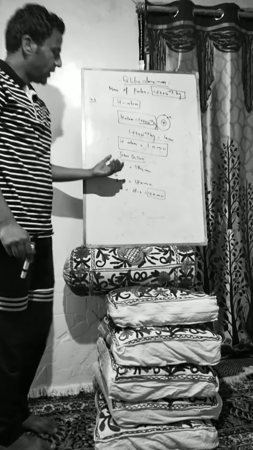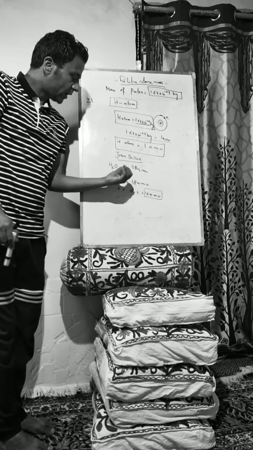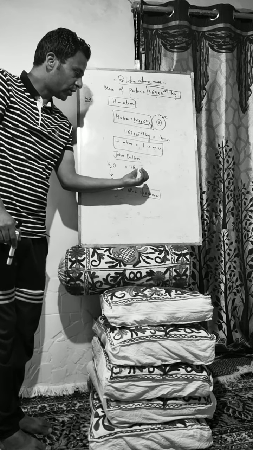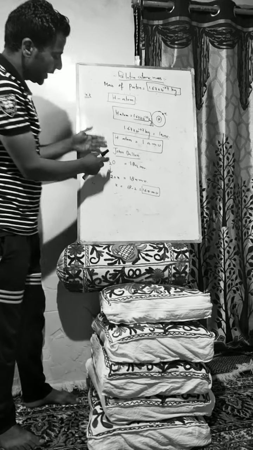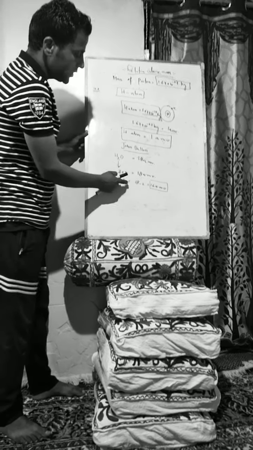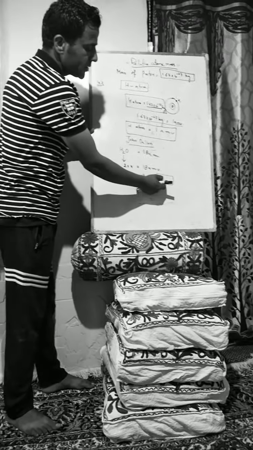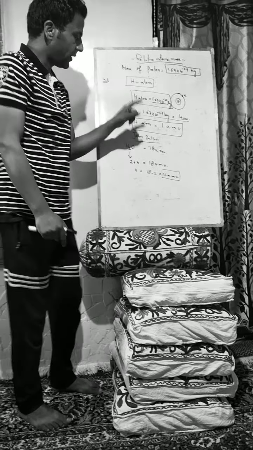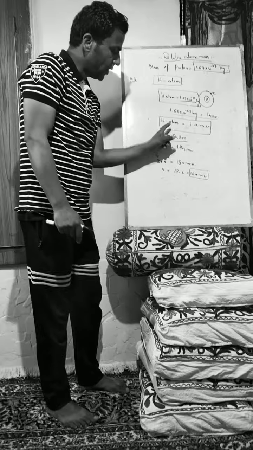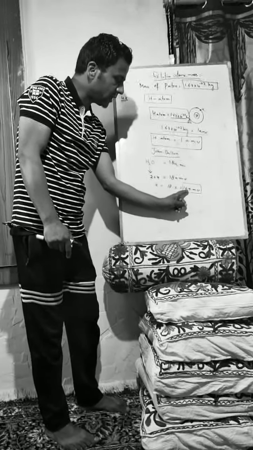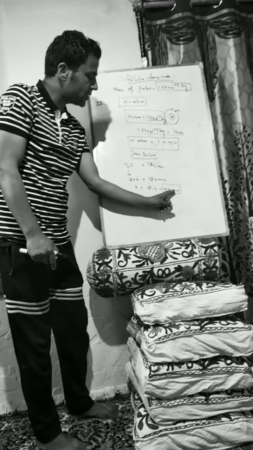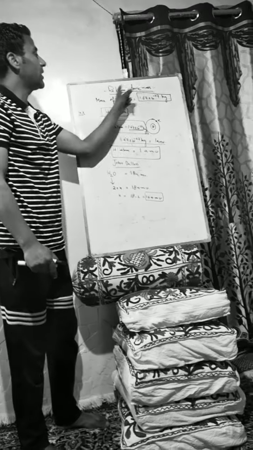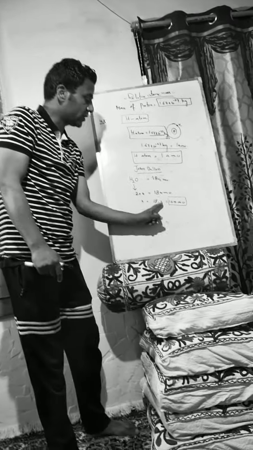For example, if the water molecule has a mass equal to 18 AMU, we can calculate the mass of the oxygen, which comes to be 16 AMU. Thus, using the hydrogen atom as a reference, the mass of the oxygen atom is 16 AMU, which is called the relative atomic mass of the oxygen atom.